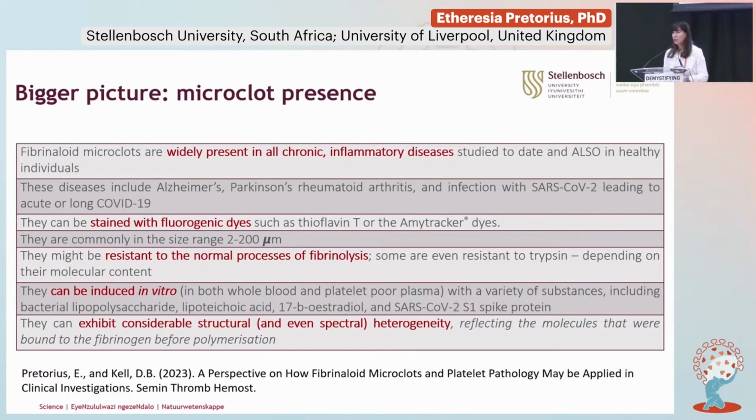And interestingly, and that's why I say other forms of microclots, we believe that these microclots can exhibit considerable structural and even spectral heterogeneity, reflecting the molecules that were bound to them in the first place. So a variety of possible changes might happen due to the polymerization process.